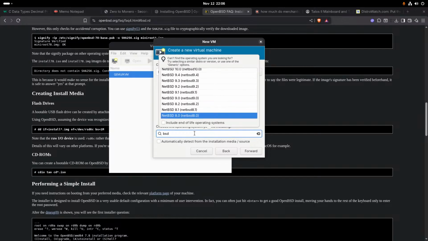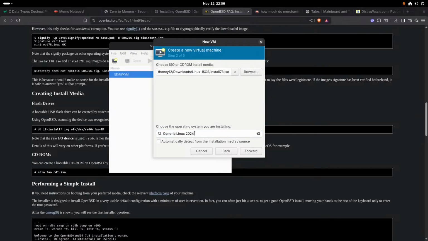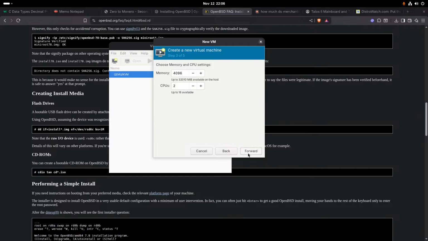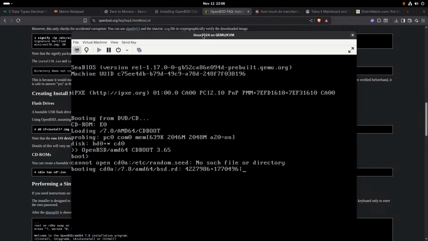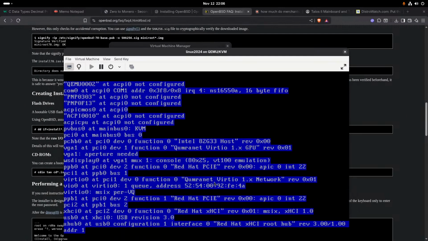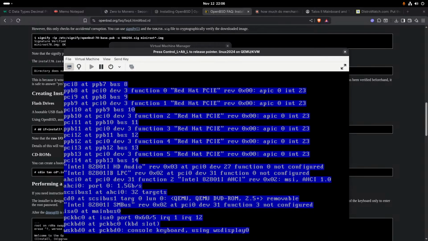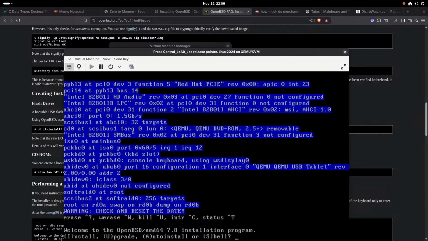Do I just put generic Linux? Okay. I'm in. What's going on? Welcome to Always BTC based.